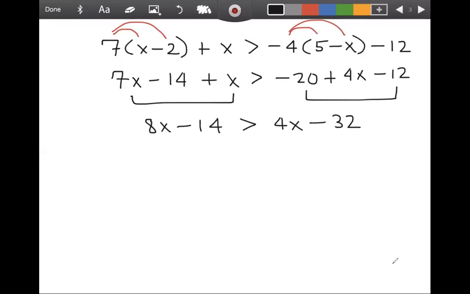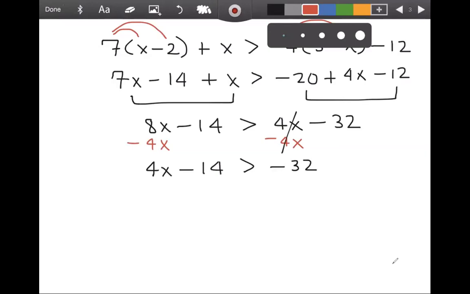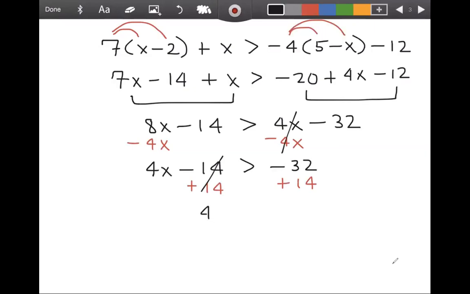Now I'm going to subtract 4x on both sides, which gives me 4x minus 14 is greater than negative 32. And now I'm going to add 14 to both sides, which is going to give me 4x is greater than negative 18.